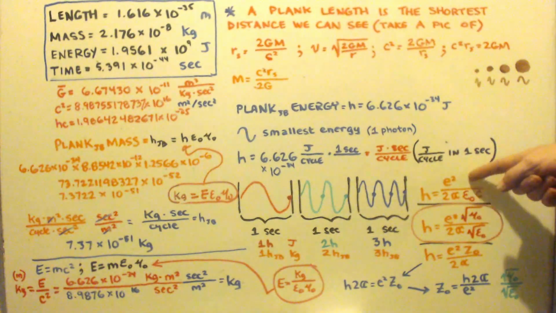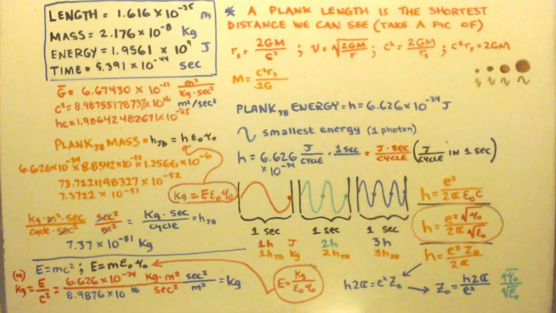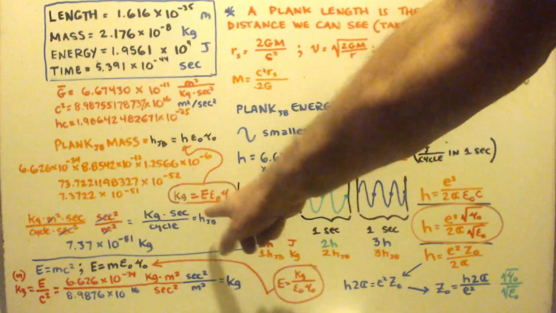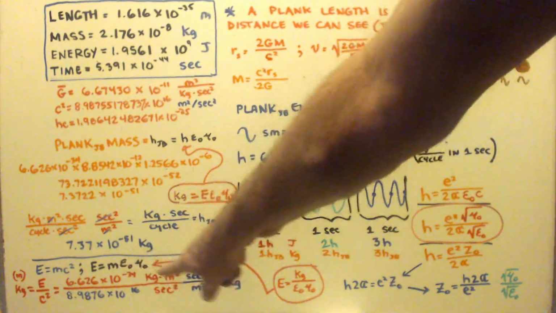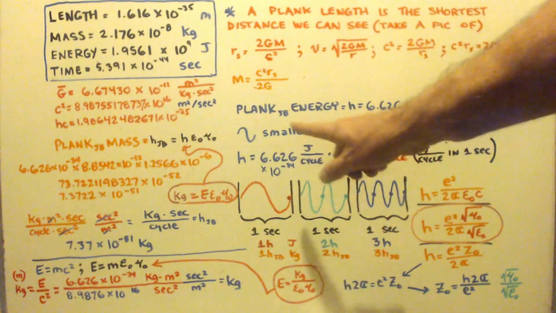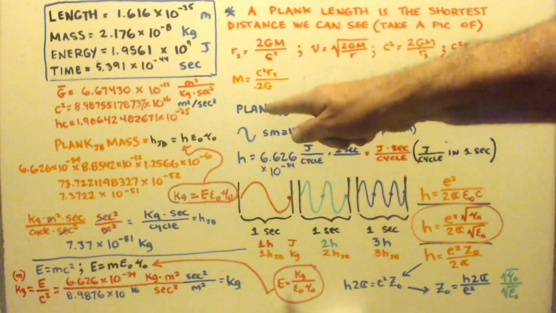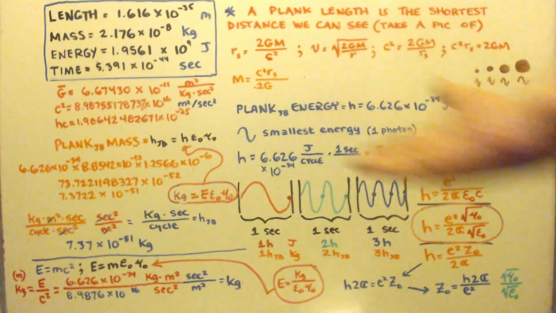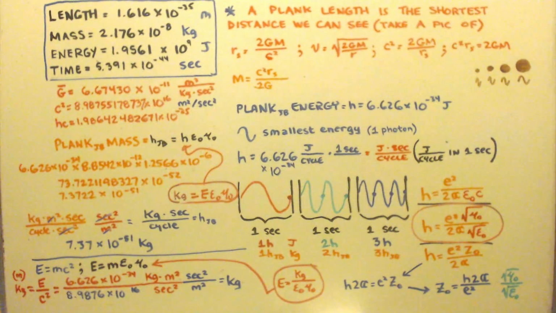This formula here is their formula, showing us what this energy is. Just like over here, with E equals mc squared, we used their formula to show that this mass is equal to this energy. So I'm using their equations, and my equations, but they're the same damn equations, you know what I mean?